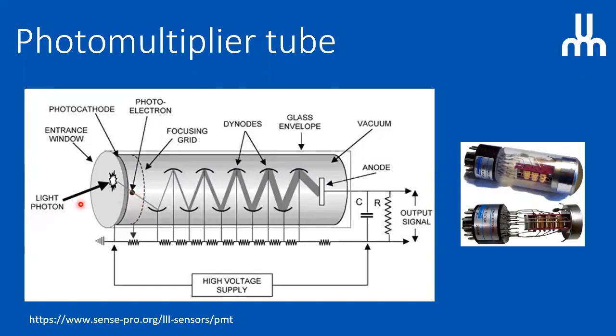Not all photons give you an electron. If the electron is emitted, it can be amplified by a series of electrodes. And at the end, you have an anode that measures the current. So you get a photon, you convert it into an electron, you get it amplified, and you measure the voltage that you get at the end.